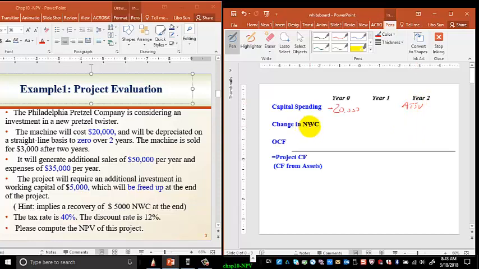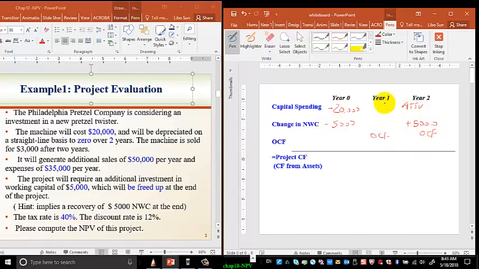Let's take a look at net working capital supporting. At the beginning, it requires 5,000, which will be freed up in the end. We're going to allocate 5,000 at time 0, and in the end, year 2, remember we're going to recover this 5,000. Now, operating cash flow. We do have to use a separate calculation to understand how much is the operating cash flow from sales.